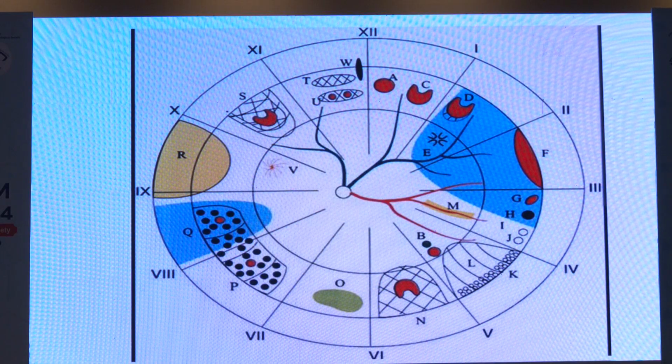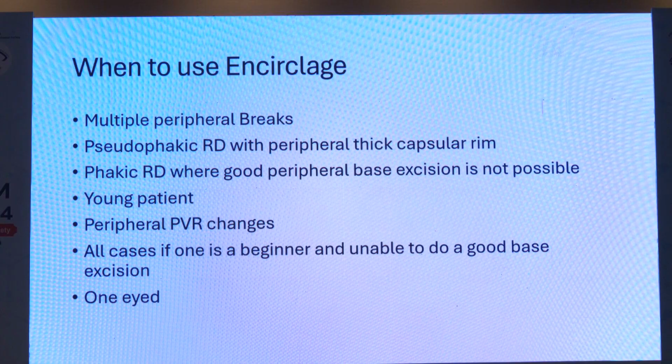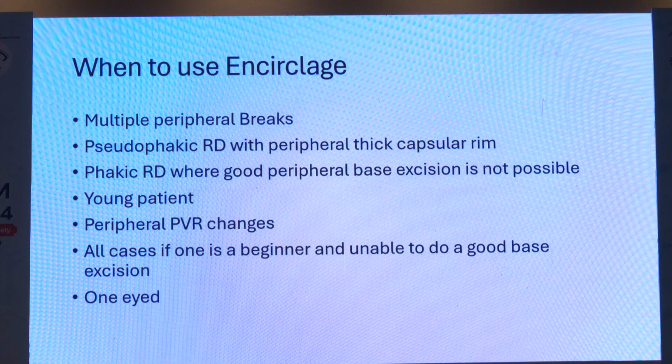I'm not elaborating this. So you also have to know when to do encirclage. To begin with, beginners should do encirclage in almost every case, because you are not able to do a good base excision. Since you're a beginner, you're not able to go so close to the retina. So better to do an encirclage so that the base is supported and you can also see it for the rest of the surgery.